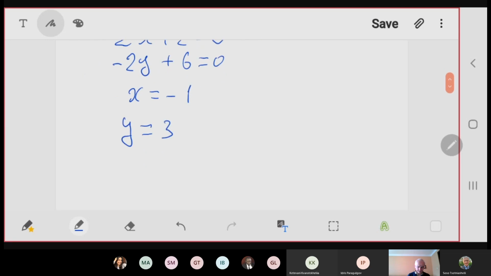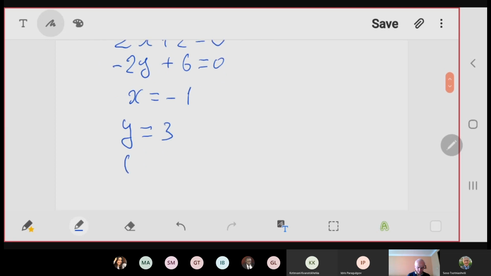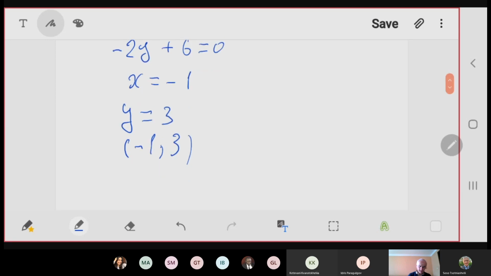That means this point, (-1, 3), is a critical point. But we don't know yet. It may be a local maximum, it may be a local minimum, or it may be neither. Not local maximum, not local minimum.